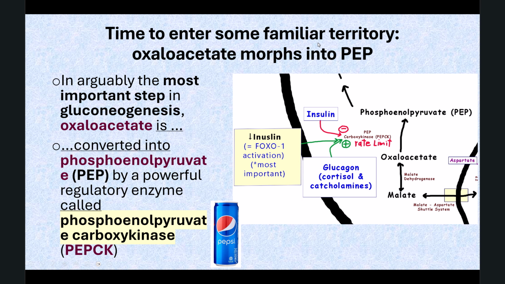Time to enter some familiar territory because, hey, oxaloacetate, the next step is to convert it into PEP. And that's involved in the last step of glycolysis. We know PEP, so we're almost there. But we need a new enzyme to do it. And this enzyme, for physiologists in particular, I'm more of a physiologist because I teach a lot of physiology.